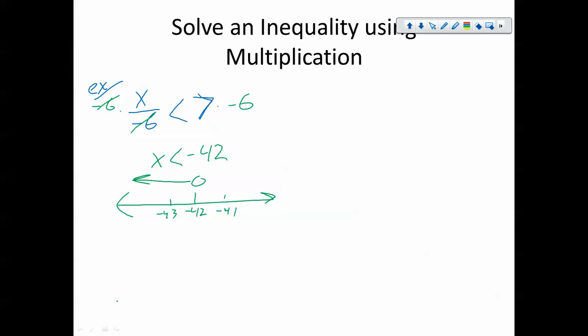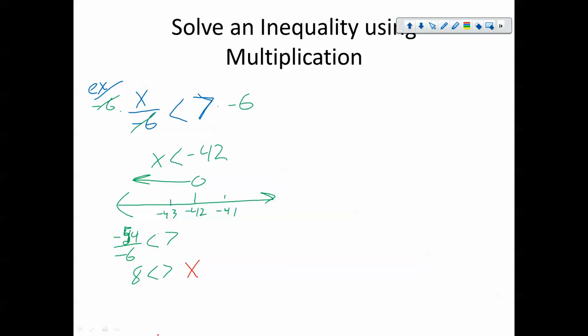So technically, if I plug in negative 44, I should get a true statement. Actually, I'm going to choose negative 54 because that'll divide easier. Negative 54 divided by negative 6 is less than 7. Well, 54 divided by 6 is 8. Is that a true statement? No. Why did that happen?